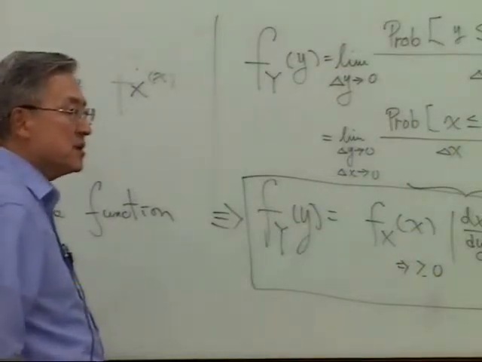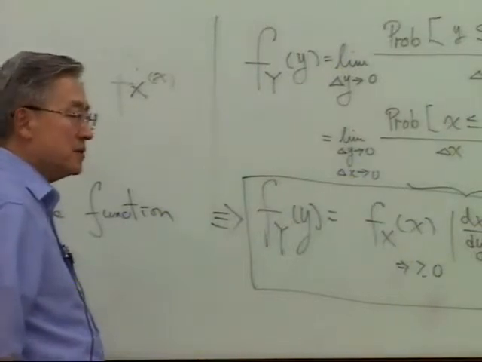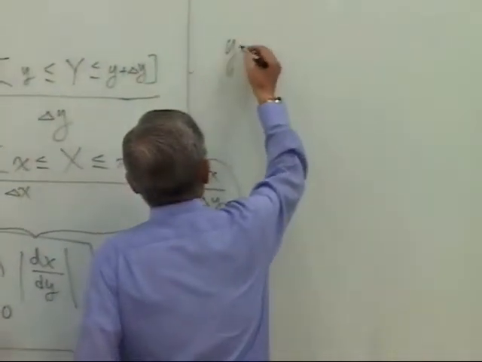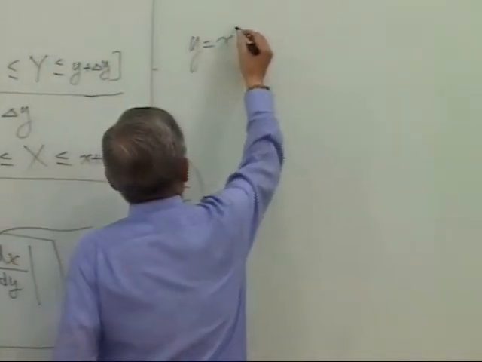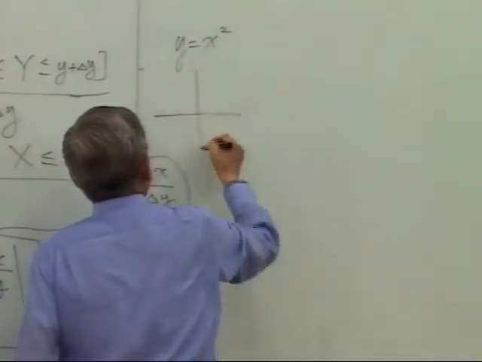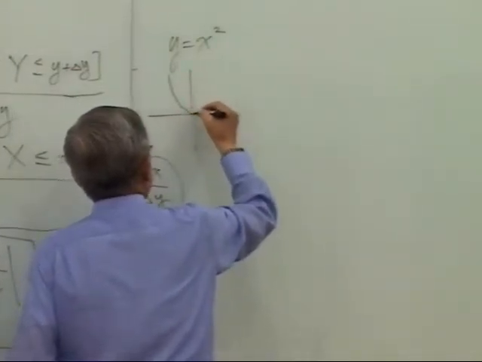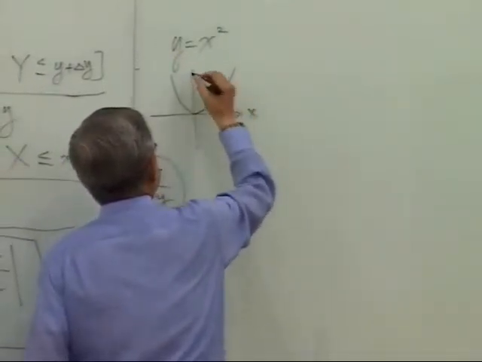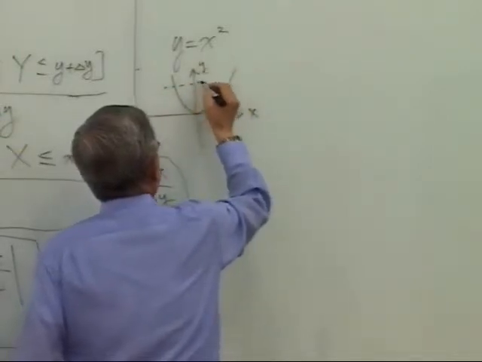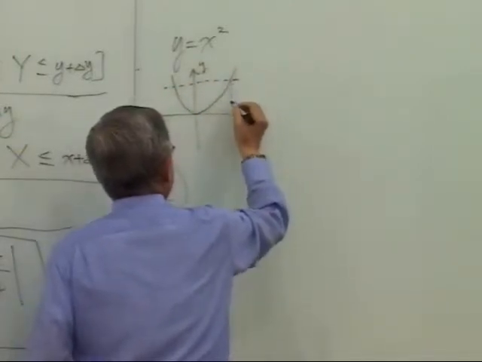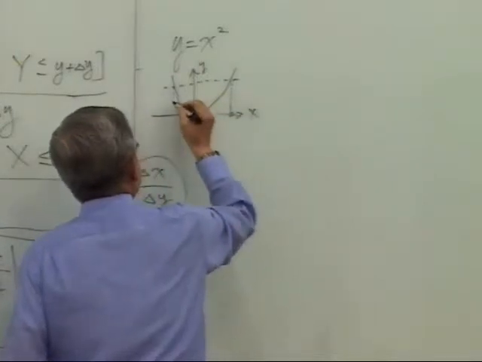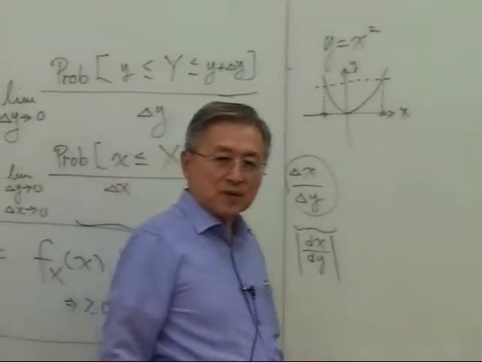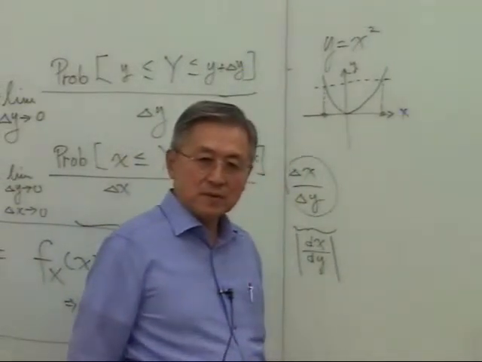But what happens when you have multiple values? As I wrote there, y is equal to x squared. For a given y, it has multiple values of x; the relation between x and y is multiple.